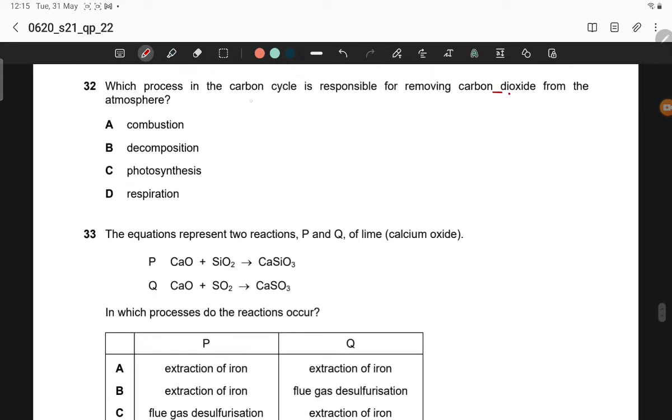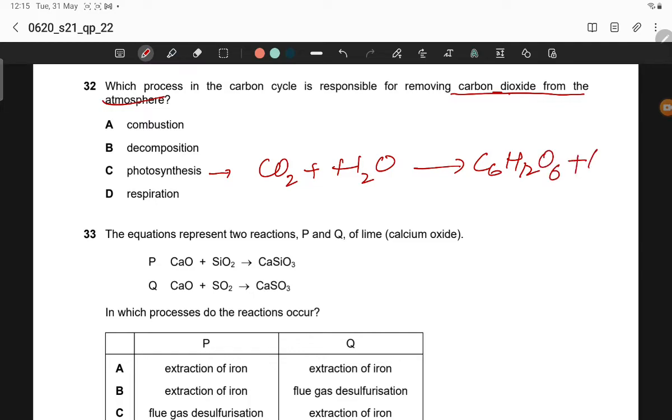32. Which process in the carbon cycle is responsible for removing carbon dioxide from the atmosphere? Removing carbon dioxide is photosynthesis, because carbon dioxide is used in photosynthesis for making glucose, C6H12O6, plus oxygen.